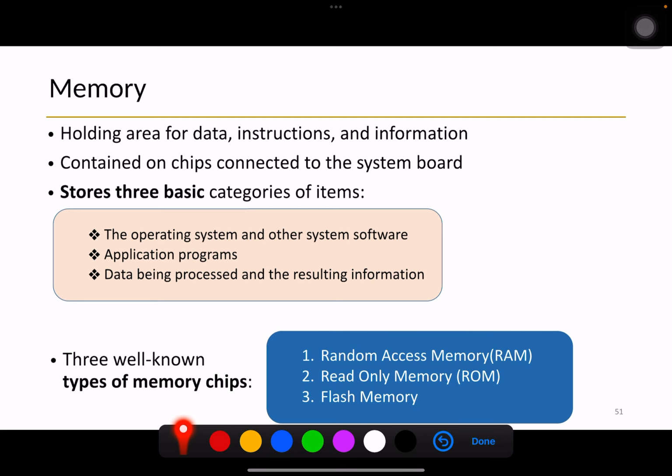Okay, after finishing CPU, we move on to memory. Memory is a holding area for data, instruction and information.